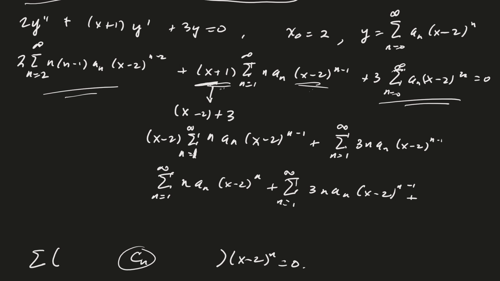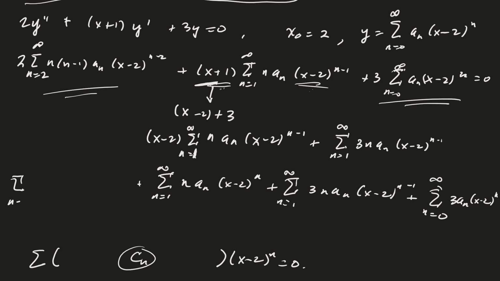And then let's go ahead and bring in our last term down below here, because we're just about ready to go. 0 to infinity, 3an times x minus 2 to the n. And then our first term was 2 times, let's go ahead and bring in the 2.